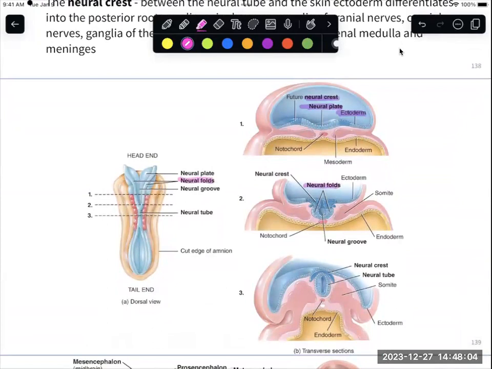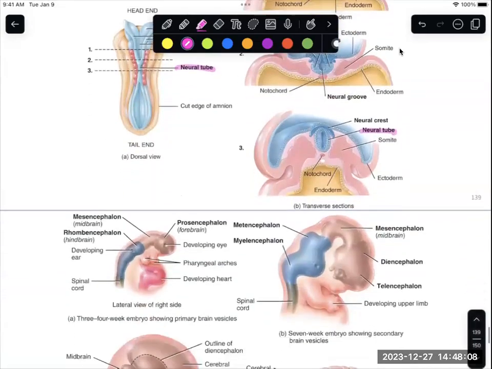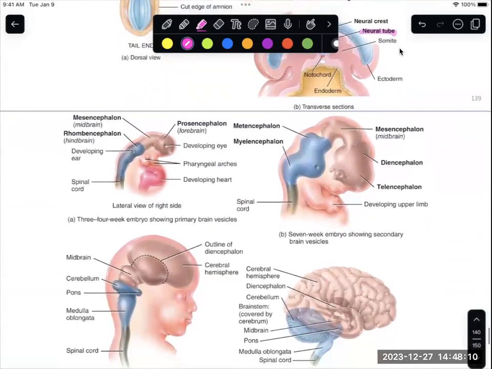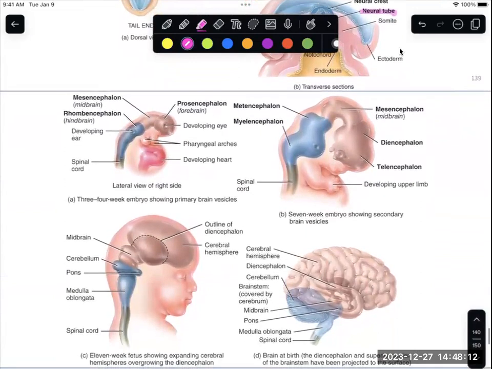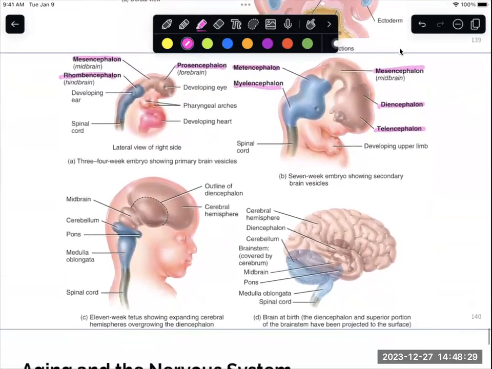Eventually, we end up with this neural tube. Then by week 3, we start to get that prosencephalon, mesencephalon, rhombencephalon. By week 7, we have that telencephalon, diencephalon, mesencephalon, metencephalon, and myelencephalon. By the 11th week, we start to get what looks somewhat like a brain.